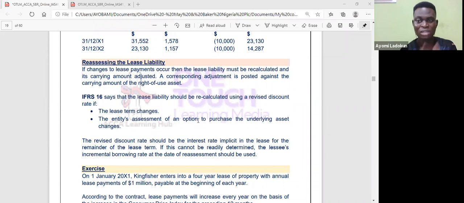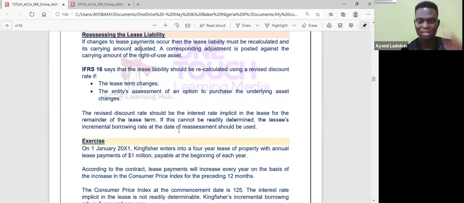The current amount of the lease liability will be adjusted. That is what we call reassessing lease liability. So once changes are made to lease payment, probably because it's dependent on inflation, consumer price index, and all of that, we have to reassess lease liability.